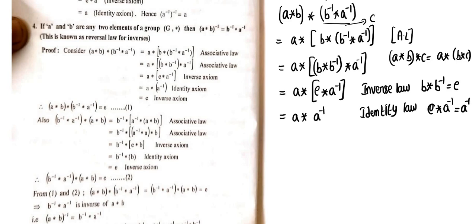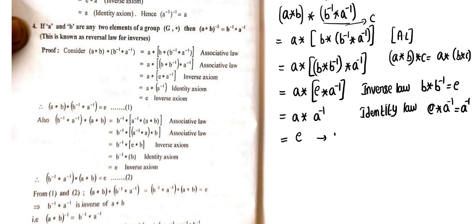If we multiply any element with the identity element, we are getting that element only. Again, by using the inverse law, a * a^-1 is e. So we get (a * b) * (b^-1 * a^-1) equal to e.